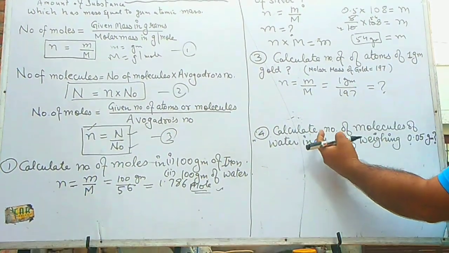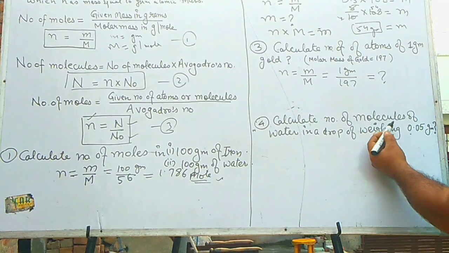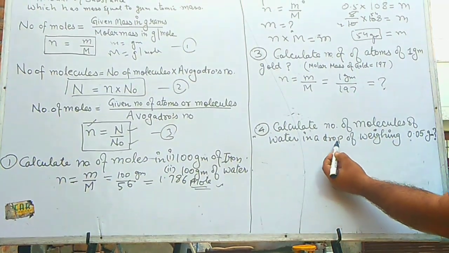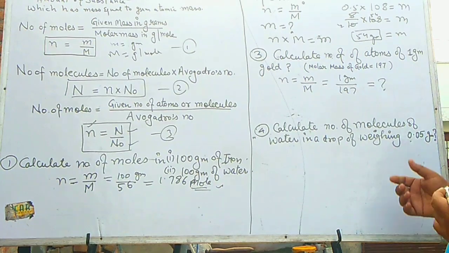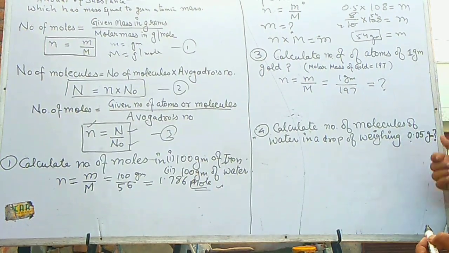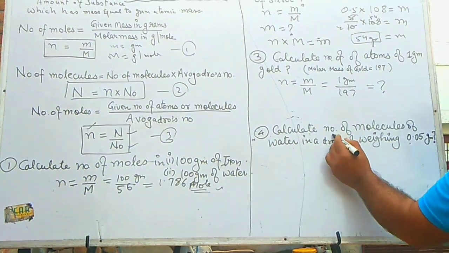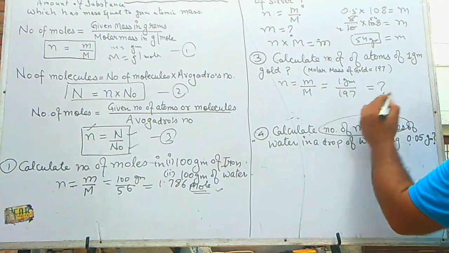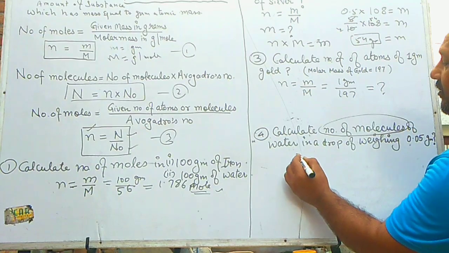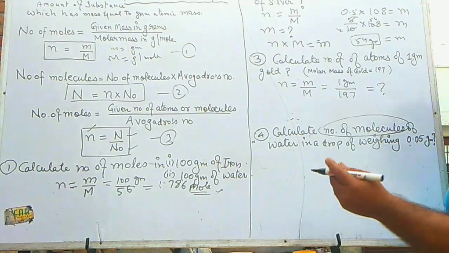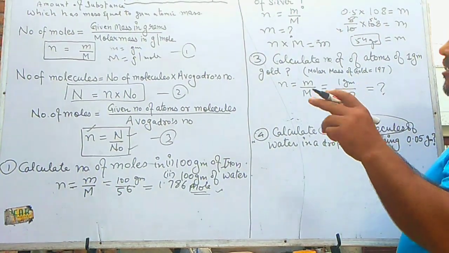Fourth numerical: calculate the number of molecules of water in a drop weighing 0.05 gram. First of all, we have to find the number of molecules. We have both the formulas, which will be combined.